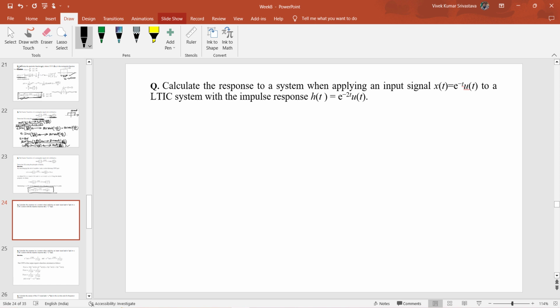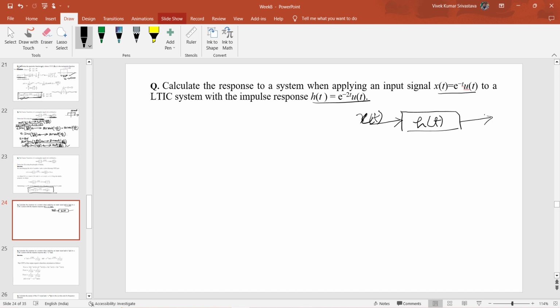Okay, so here let us suppose the impulse response of this linear time invariant system is given to us, h of t, which is equal to e raised to the power minus 2t into u of t, and the input to this system is x of t, which is also given to us, e raised to the power minus t into u of t.